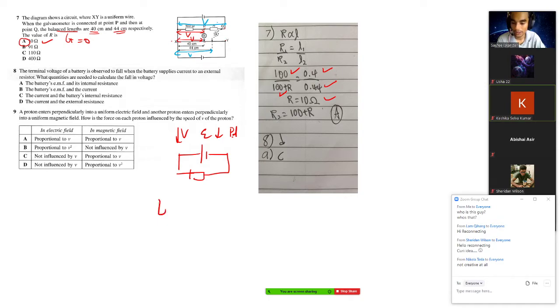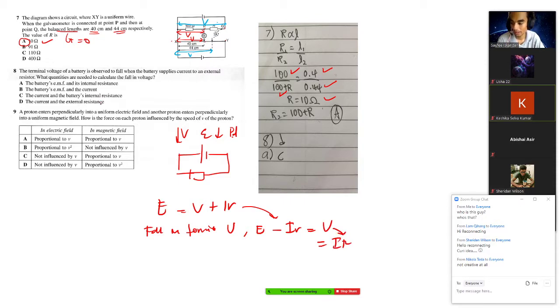We know that E equals V plus Ir. So the terminal voltage V is E minus Ir equals V. You just rearrange the equation: E minus V equals Ir.